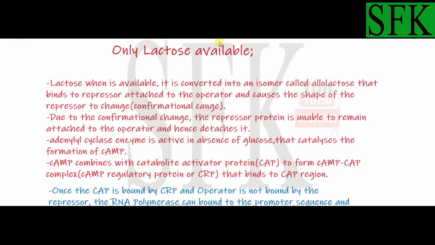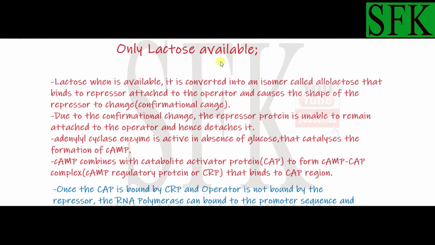And when lactose becomes available, now the series of steps that occur. When lactose is available, it is converted into an isomer. This is important, guys. First, it is converted into an isomer known as allolactose, which binds to the repressor that is already attached to the operator site and prevents the expression of the Lac Operon.